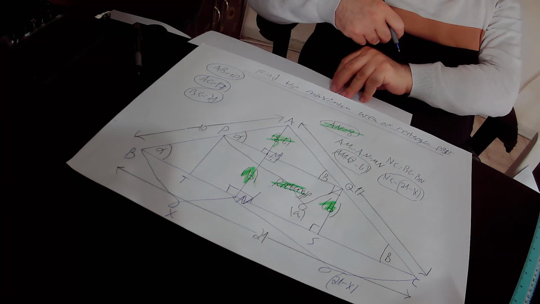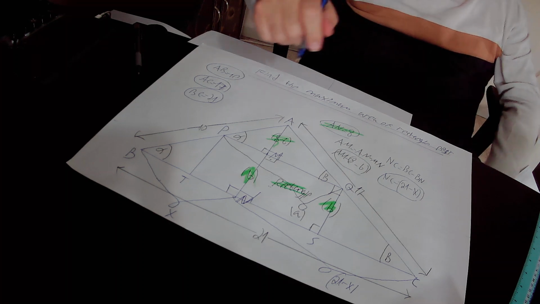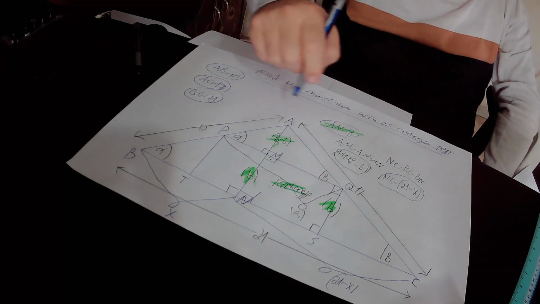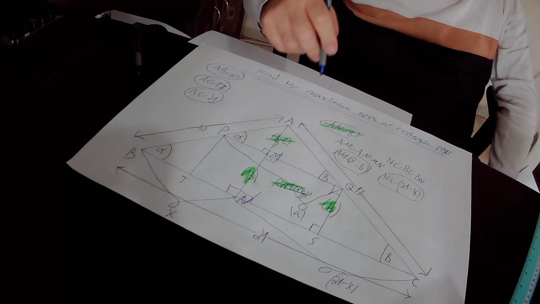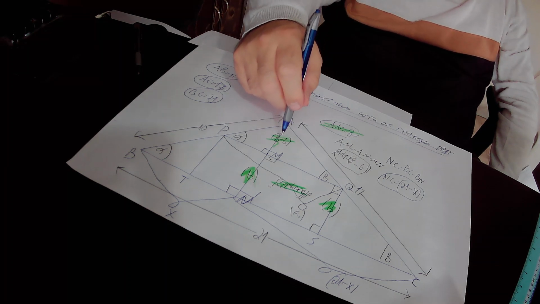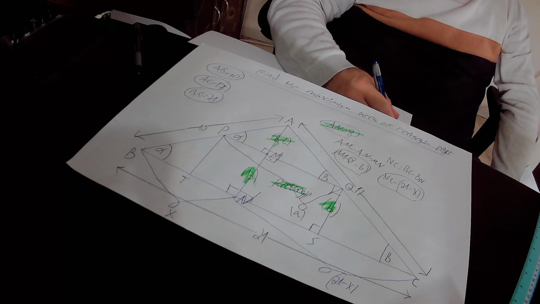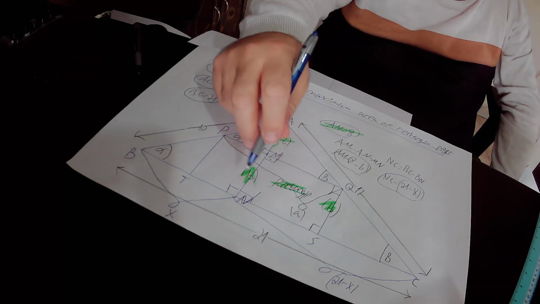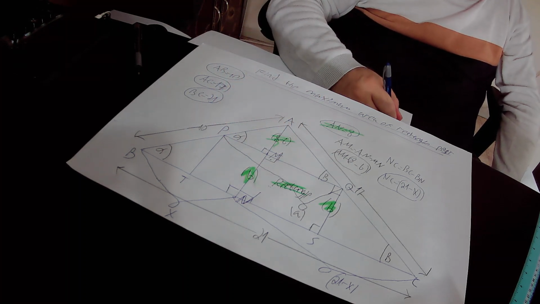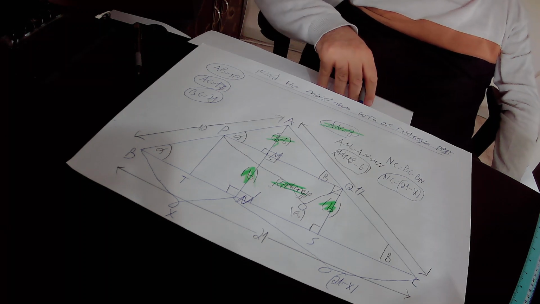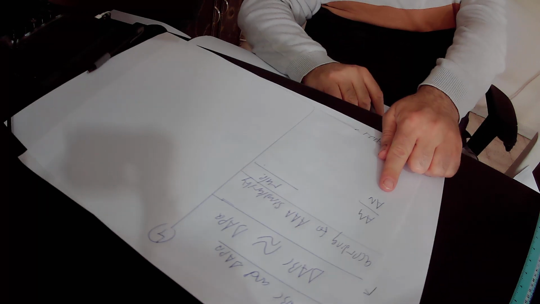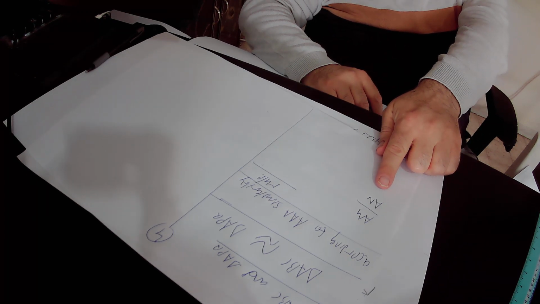Because the big triangle ABC is similar to the small triangle APQ, it means that the height AM in the small triangle APQ over the height AN in the big triangle ABC is the ratio between the corresponding heights.